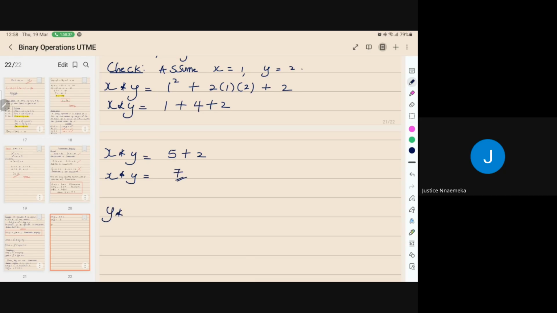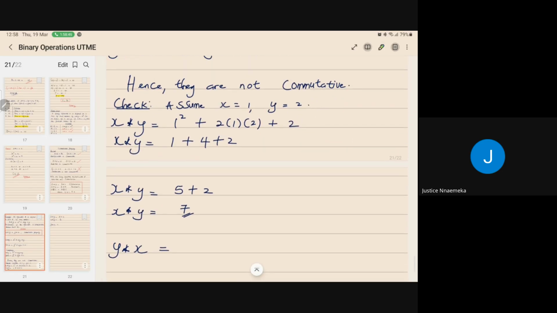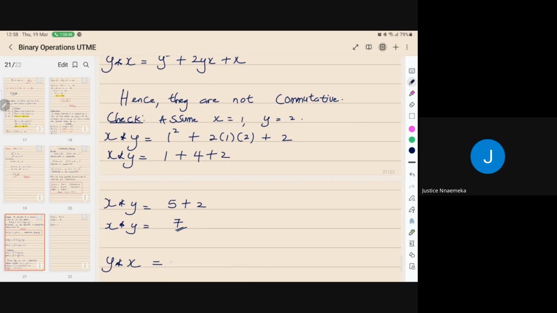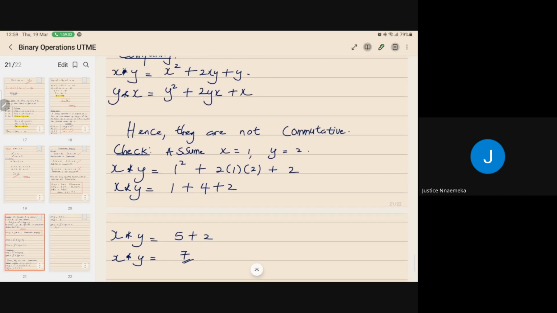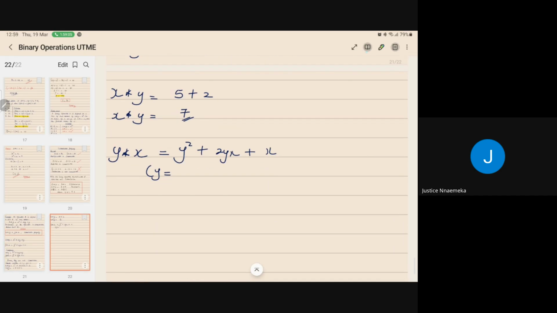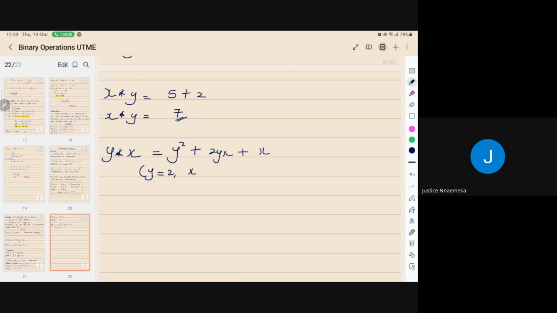Then let's check y asterisk x. Let me write the formula I have. That is y squared plus 2yx plus x. Remember that here, y is equal to 2 and x equal 1.